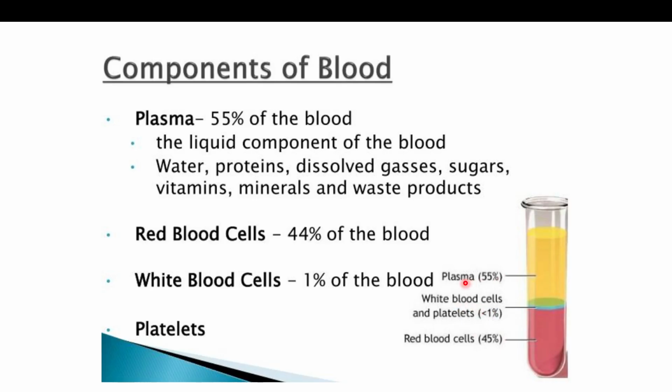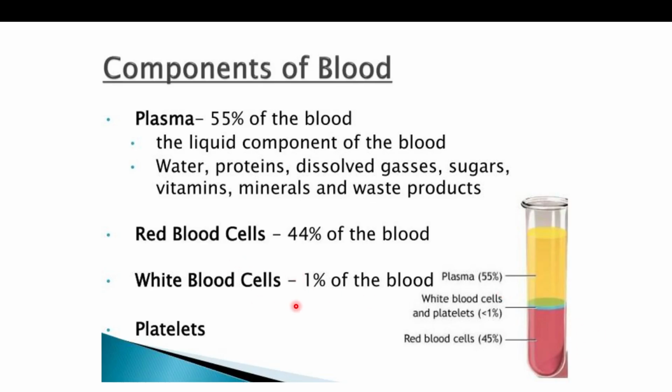So mostly, majorly, it is three distinct layers, where the top layer, which comprises 55% of the blood's liquid component, is the plasma. Plasma contains water, proteins, blood gases, sugars, vitamins, minerals, and waste products. And red blood cells are the ones that settle at the complete bottom, and they comprise about 45% of the blood volume.